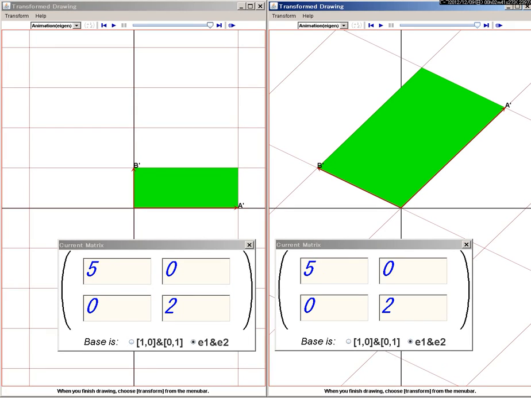As you can see, there is a striking similarity between these current matrices.